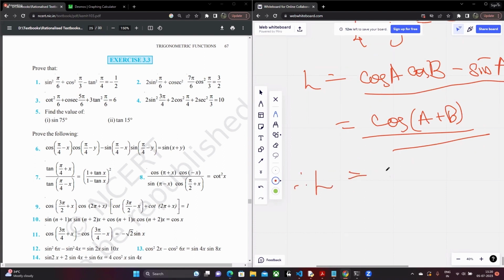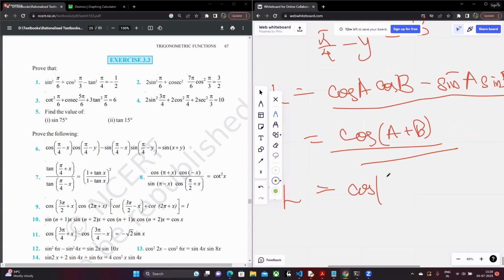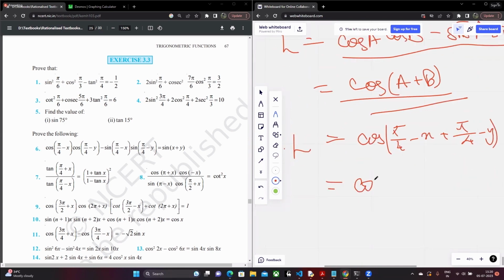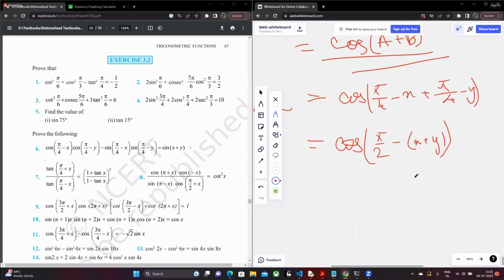L is going to be equal to cos of pi by 4 minus x plus pi by 4 minus y, which is going to be equal to cos of pi by 4 plus pi by 4 is pi by 2 minus of x plus y, right? And cos of pi by 2 minus theta is going to be equal to sine theta.